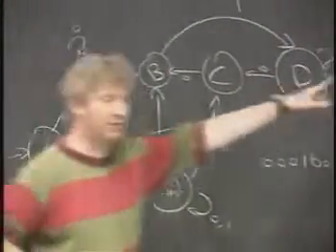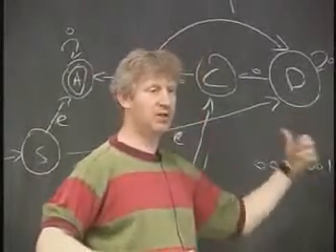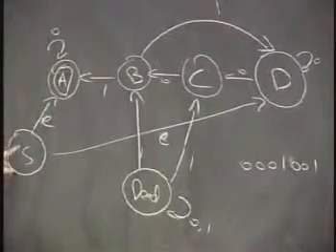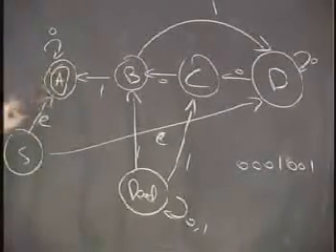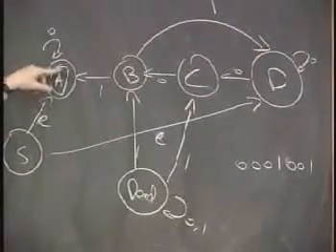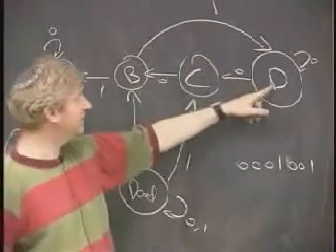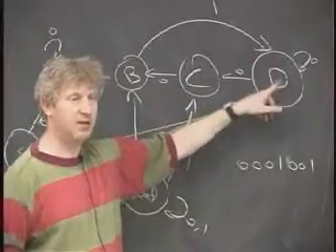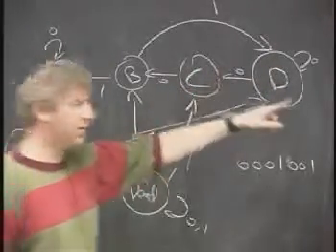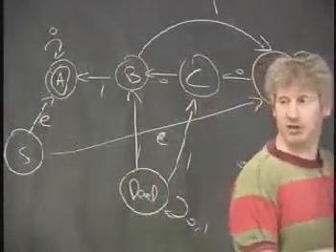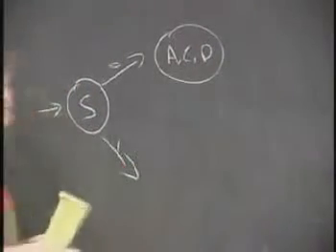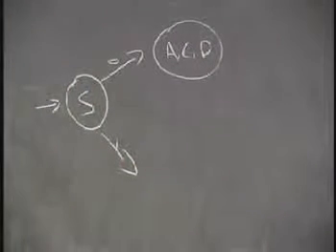Well, it might start here, or it might start here. If it starts here and it sees a 0, it'll end up in state A. If it starts here and sees a 0, it'll end up in state D or state C. So on a 0, where might this machine be? In any of the states in this set: A, C, D.